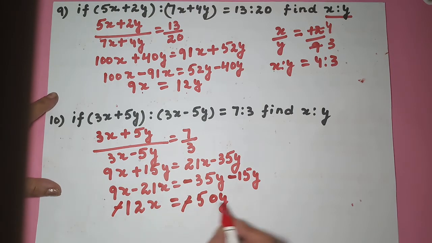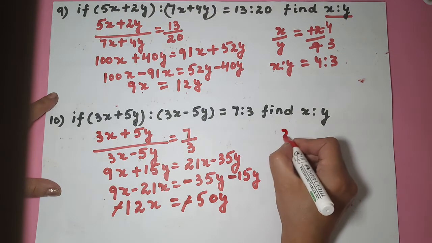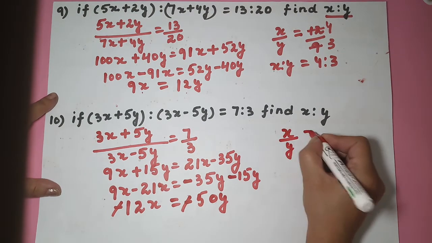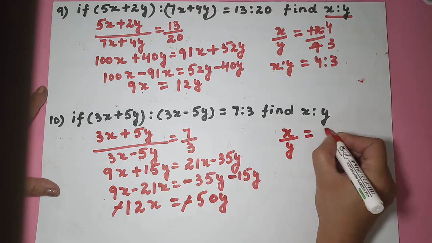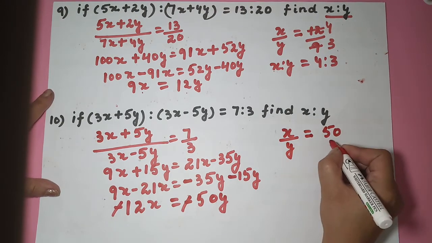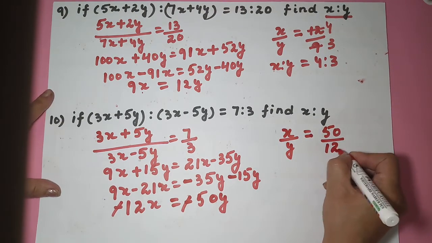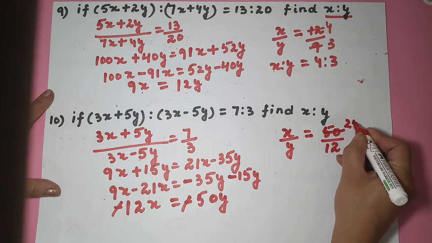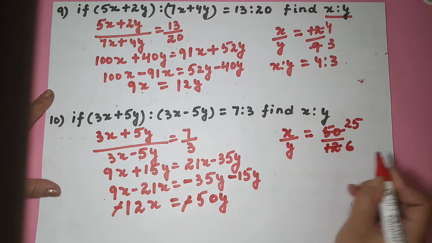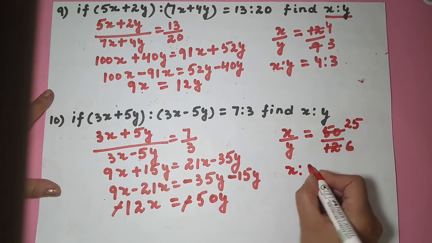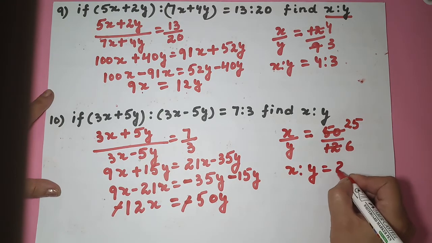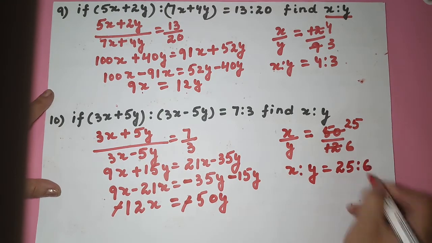You will bring this y under this x and this 12 under 50. So you will get x upon y is equal to 50 upon 12. You can simplify this. 2 25s are 50, 2 6s are 12. So finally your x is to y is equal to 25 is to 6. Right? Clear? Okay.